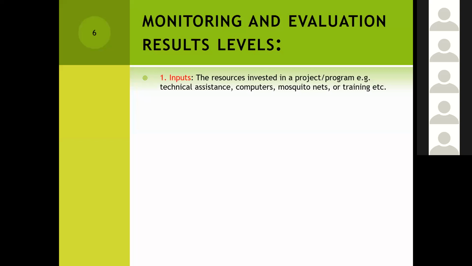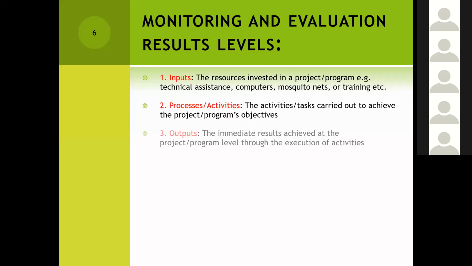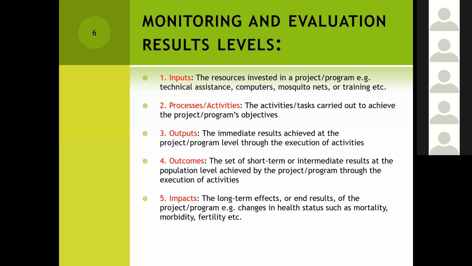The first thing that we normally consider is the inputs. One of the critical things we always want to consider in an intervention is what the critical inputs are that we need in a particular project.